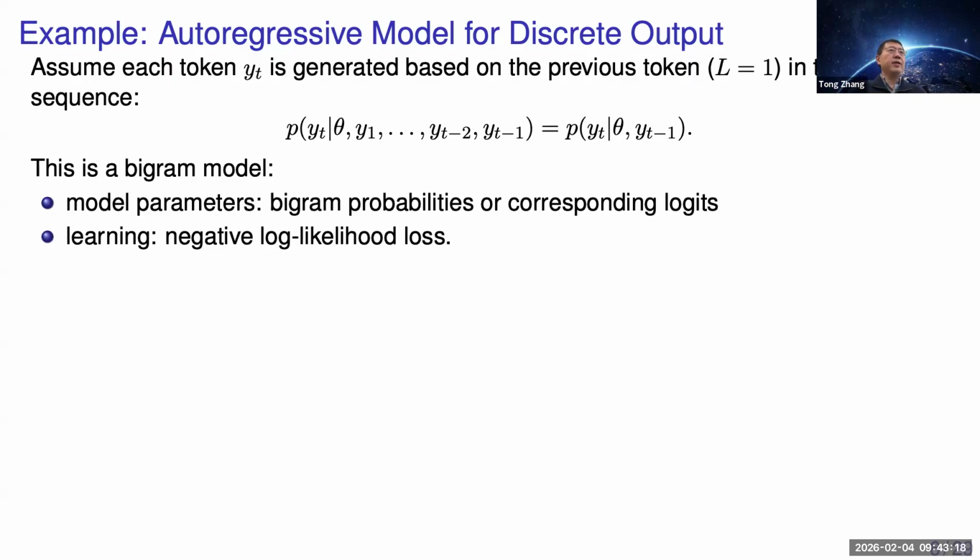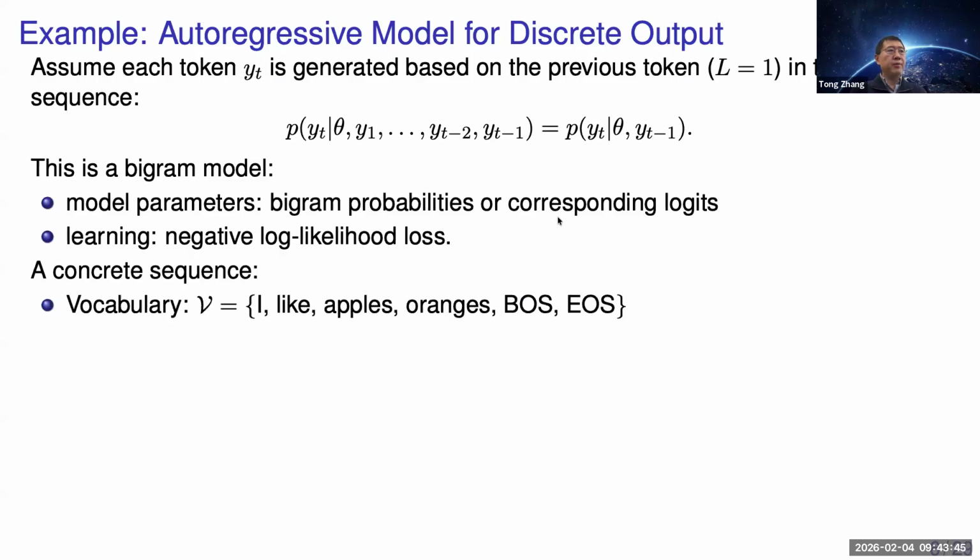In this case, you can actually form a table. Let's say 100,000 is too much for the bigram, so maybe say 1,000 is your vocabulary size. Then 1,000 times 1,000, you have a million-size table, where you can specify this probability, and then you just count. So learning is the maximum likelihood.